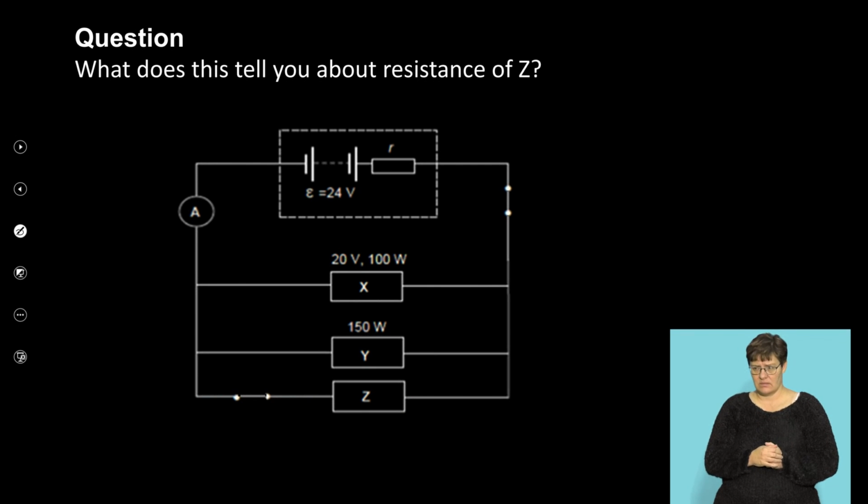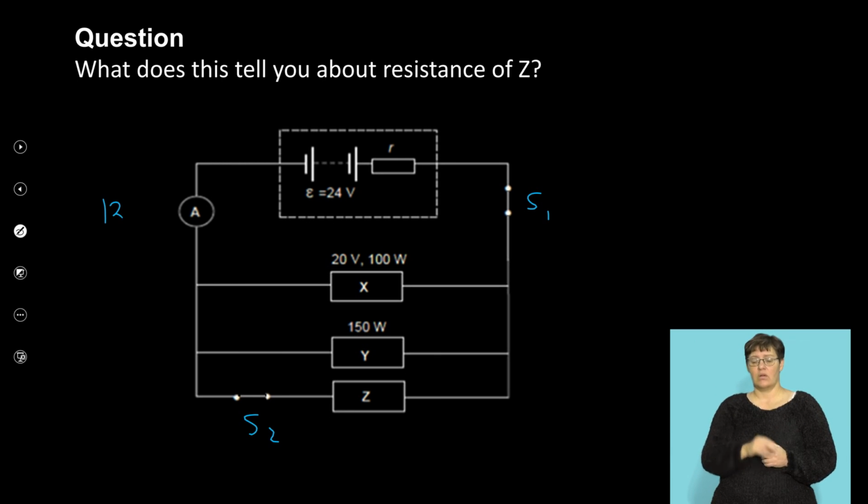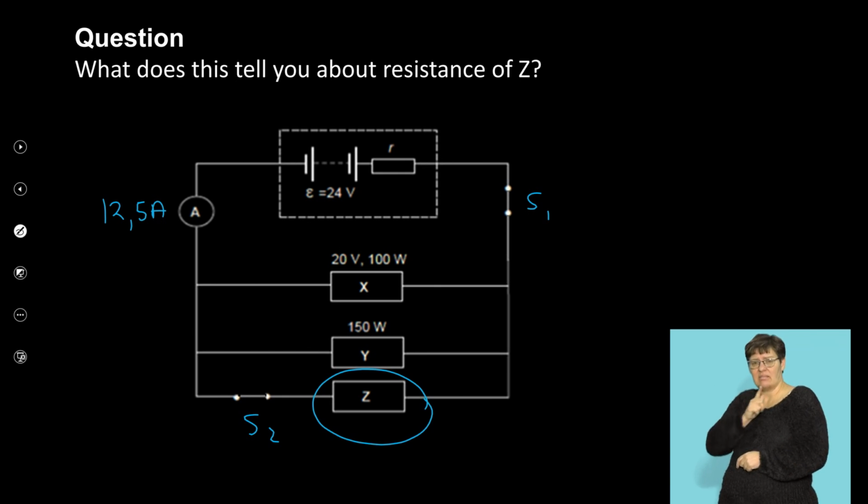Now let's look at this. Both switches S1 and S2 are closed, and the main current is equal to 12.5 amperes. If Z is part of the circuit, what is happening if this current remains constant? What does it tell us about the resistance of Z?